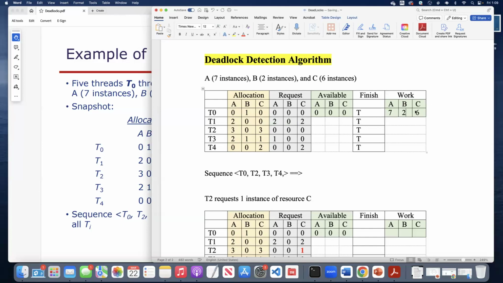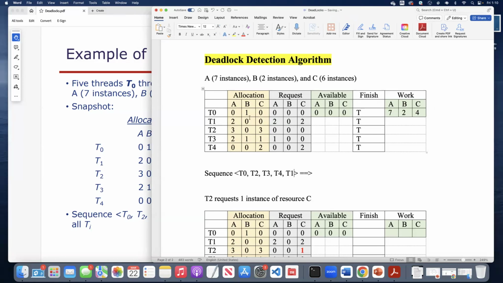And 0 plus 2, 2. Yeah, I think I read the wrong number. This should be 4. 2 and 4. T1 is the last thread.